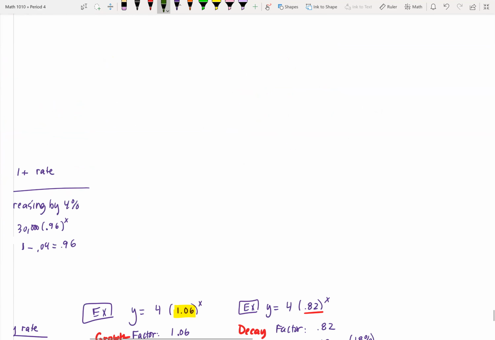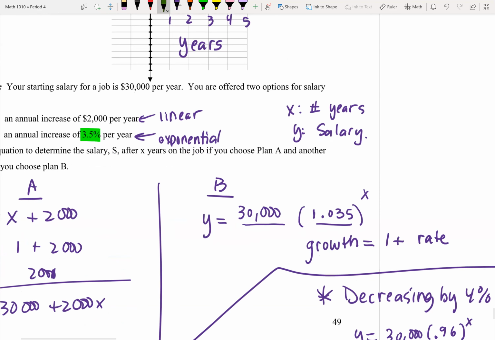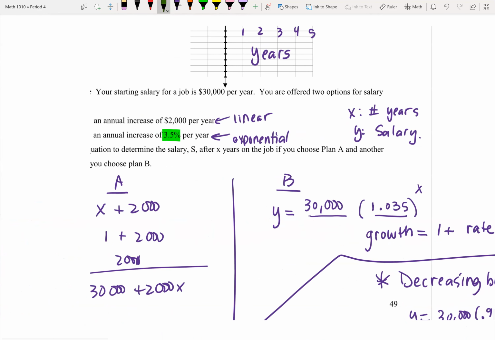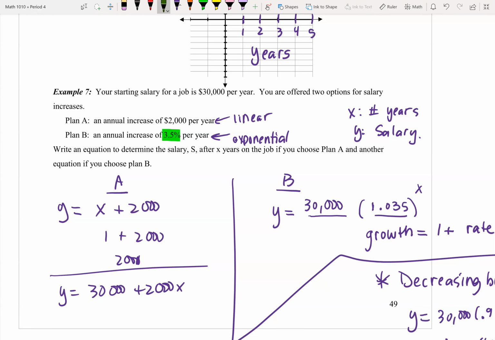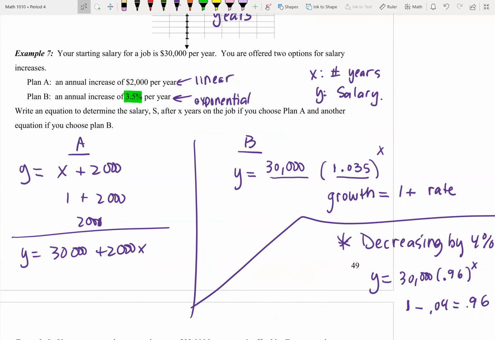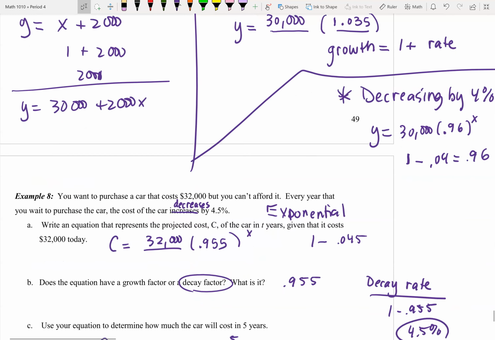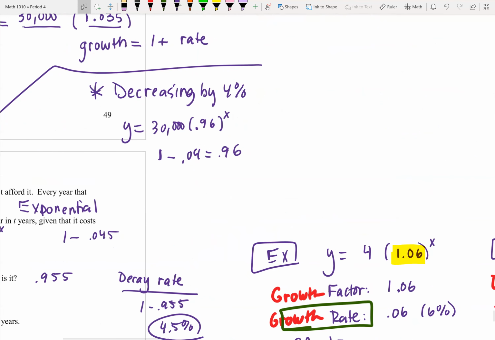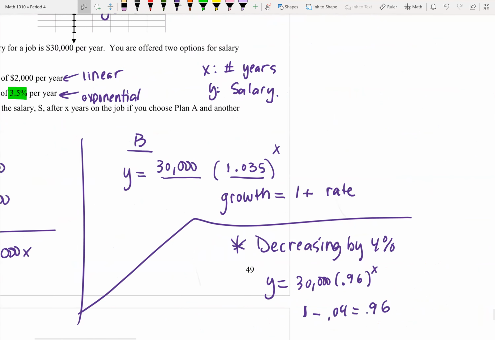Okay, let's go back to 7. How we did the growth, 1 plus the rate. Oh, when you came up with the equation. So that is when you determine the equation. On these other ones right here, the equation was already there. This is when you're figuring it out.